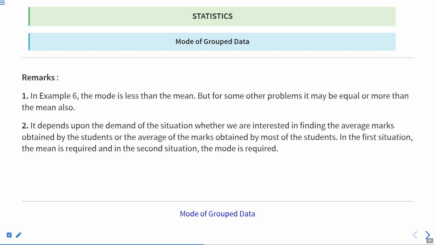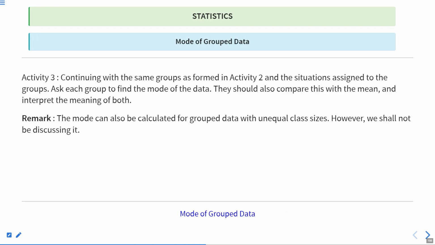Second, it depends upon the demand of the situation whether we are interested in finding the average marks obtained by the students or the average of the marks obtained by most of the students. In the first situation the mean is required, and in the second situation the mode is required.